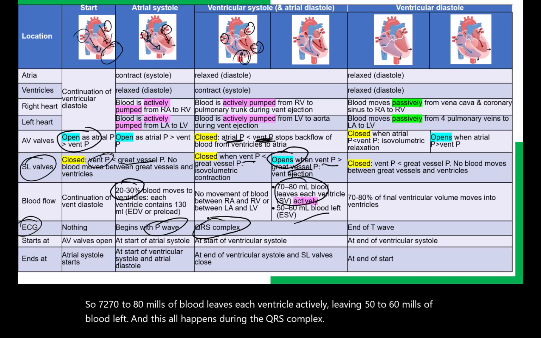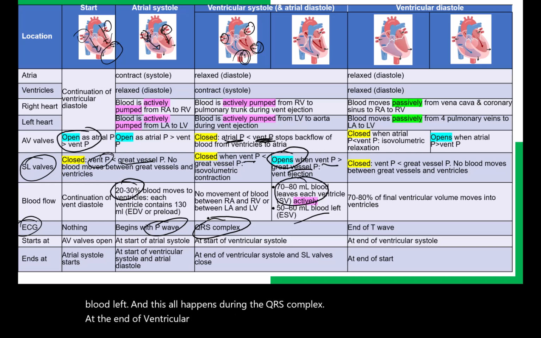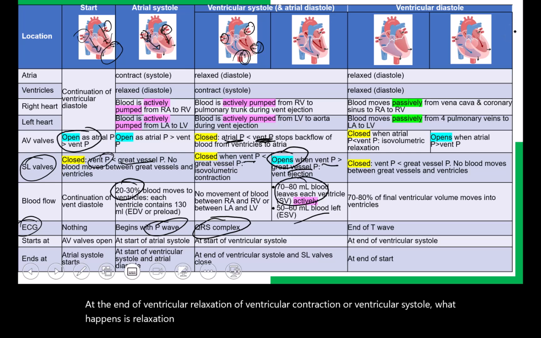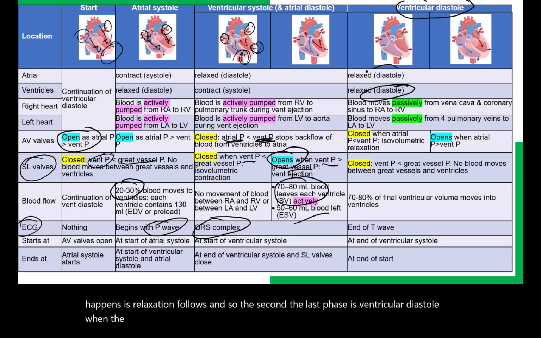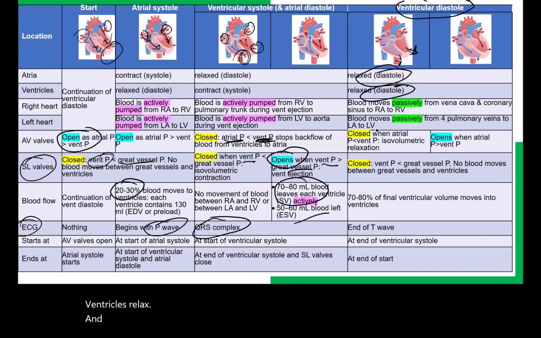At the end of ventricular contraction, or ventricular systole, relaxation follows. And so the last phase is ventricular diastole. When the ventricles are relaxed, atria are already relaxed. And so you've got it over here, ventricles relax. And then when ventricular pressure drops so that atrial pressure is higher, it opens up the AV valves.